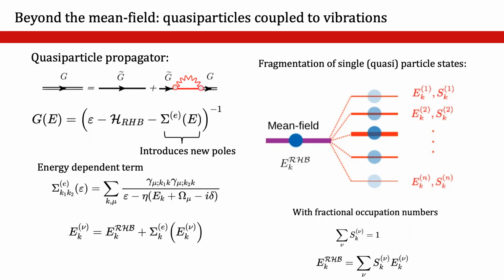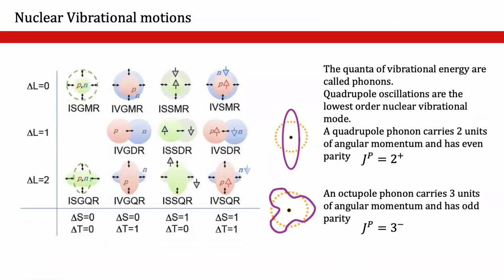quasi-particle vibration coupling approach. And in this slide, let's talk about the low-lying vibration modes, because we need to include these low-lying vibration modes in our calculation. The low-lying vibration mode can be observed as a giant resonance in the experiment. And giant resonance is one of the most important excitation modes for nuclei, and it can be described as a small amplitude response to an external field.